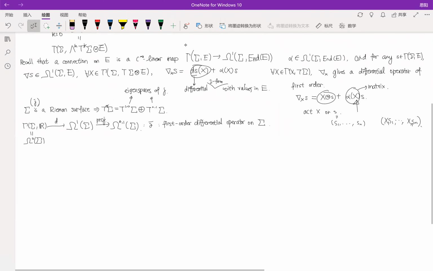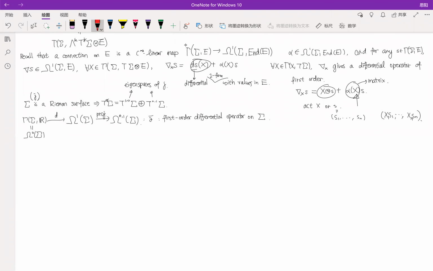So now we can give a definition of the complex linear Cauchy-Riemann operator. In this case, we add the adjectives complex and smooth to mean that it has smooth coefficients and it is complex linear.